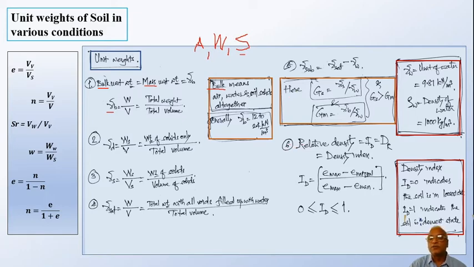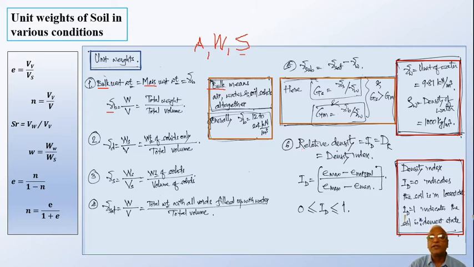Then sixth term, relative density. This is relative density, or Dr or ID is also known as density index. In fluid mechanics, sometimes relative density means specific gravity, so there shouldn't be any confusion. Here it is not specific gravity.